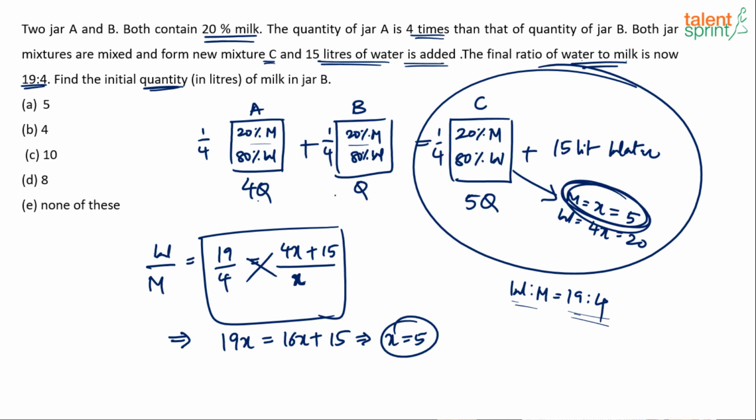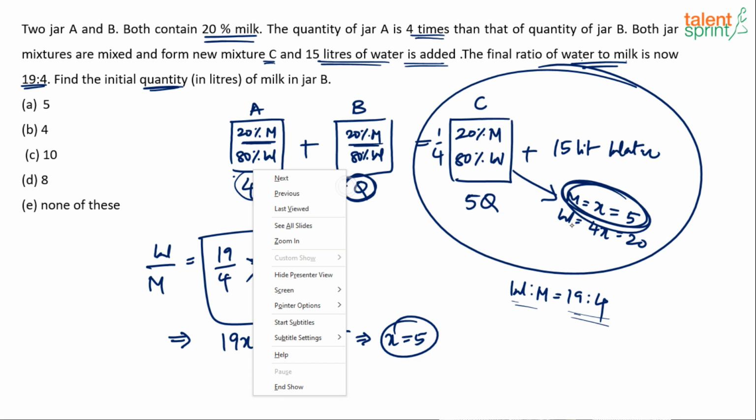Now, understand. The same percentages were used for milk everywhere and also for water, 20, 20, 80, 80, etc. Don't look at this 1/4, it will only confuse you. The point I'm trying to make is, basically this 20% of 4Q plus 20% of Q is equal to 5 liters.